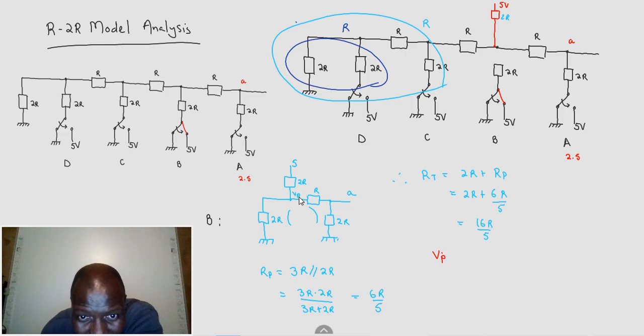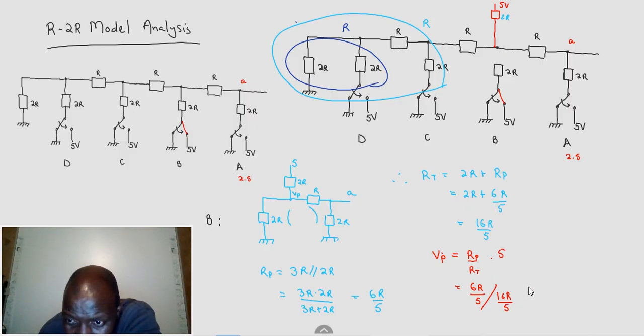Our voltage at that point is simply R parallel over R total times the supply voltage, which is 5 volts. So R parallel is 6R over 5, divided by R total, which is 16R over 5, times the voltage of 5.